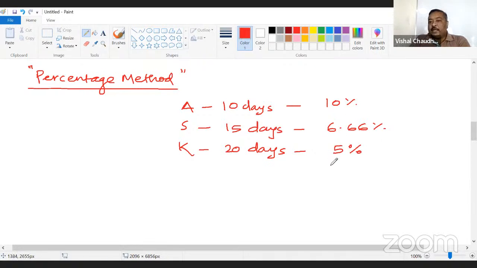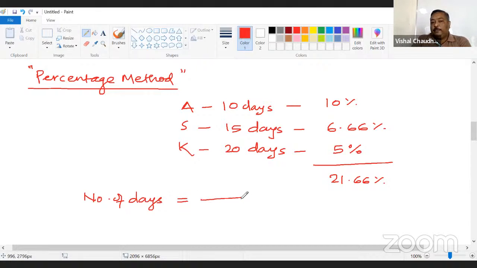So their combined efficiency is how much? It is 21.66%. So they have to complete 100% of the job. So the number of days taken will be 100% divided by 21.66%.